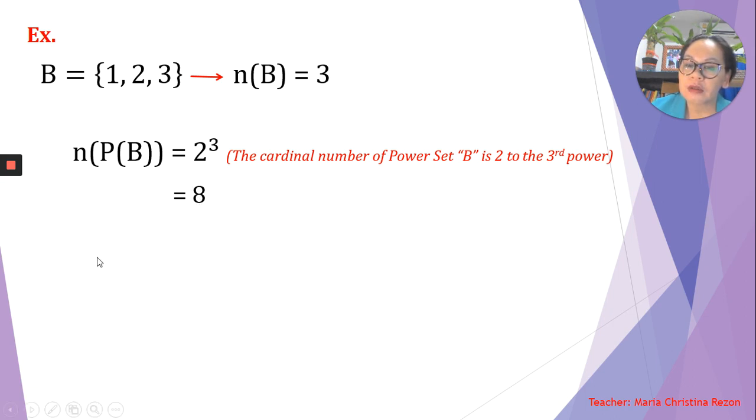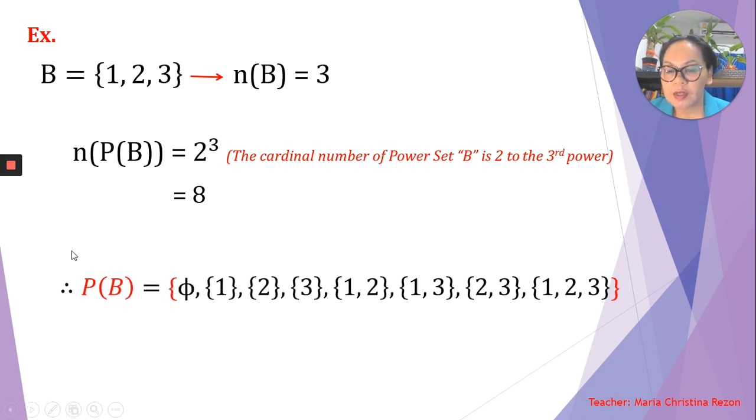And if you are going to list all of the elements of the power set of B, then you will have a null set, set {1}, set {2}, set {3}, set {1, 2}, set {1, 3}, set {2, 3}, and then set {1, 2, 3}.